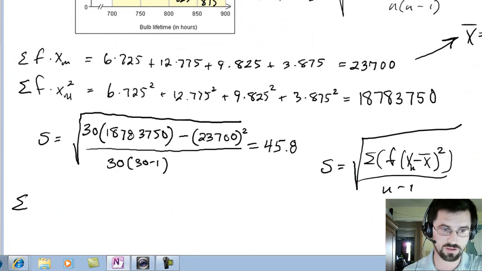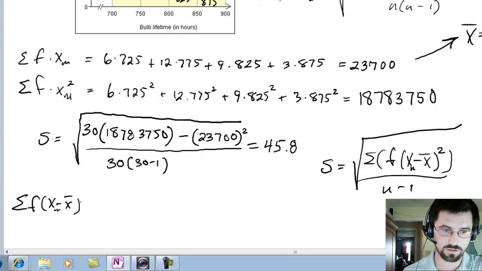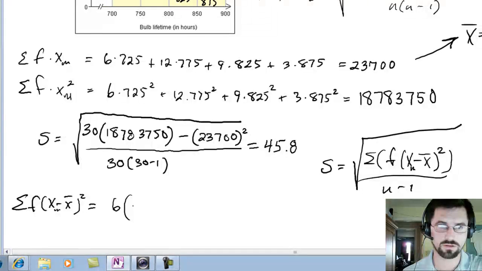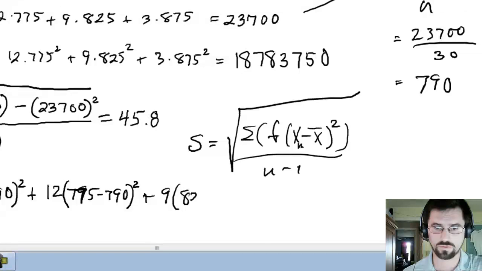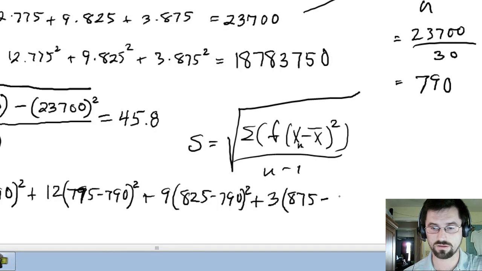The sum of f times (x minus x bar) squared is going to be 6 times 725 minus 790 squared plus 12 times 775 minus 790 squared plus 9 times 825 minus 790 squared plus 3 times 875 minus 790 squared. And that will get me the numerator of this formula.